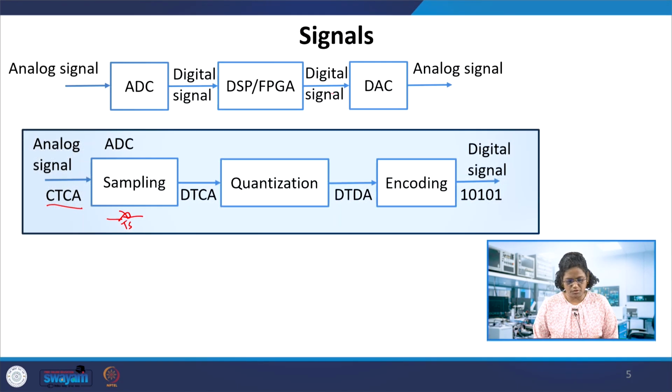That is the process of quantization. So after this, the quantizer output is discrete in time and discrete in amplitude also. After that, the integer values, 2 or 1 or 3, are passed through the encoder. The encoding process is done, which gives out only ones and zeros. That is the digital. So when we say digital signal, these are ones and zeros.